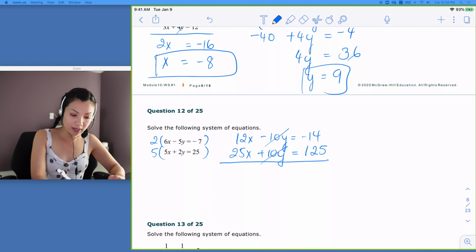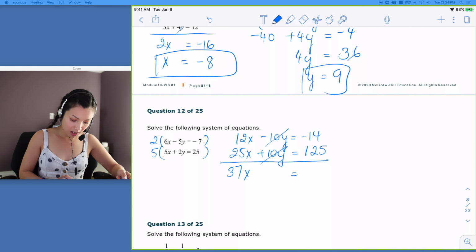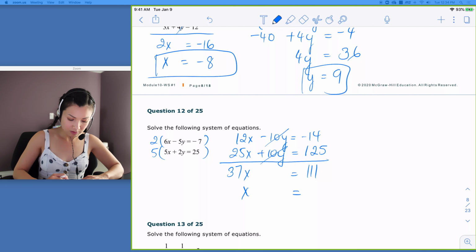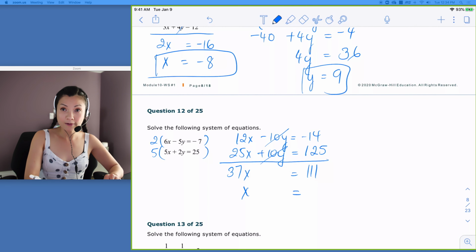So I ended up with 37x equals 111. I divide by 37. I get 3 for x. And then I'm going to go back and plug it in for y.